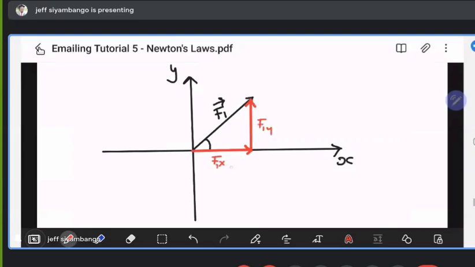When you find the x component, it will just be a number, maybe 5 newtons. I'm just saying maybe because I'm just putting a number there. Even when you find the y component, it will also just be a number. Let's say maybe 4 newtons. Let me say this one is a 3 and that is a 4. And these are forces. The components are also forces, so we expect them to have the correct unit for force.